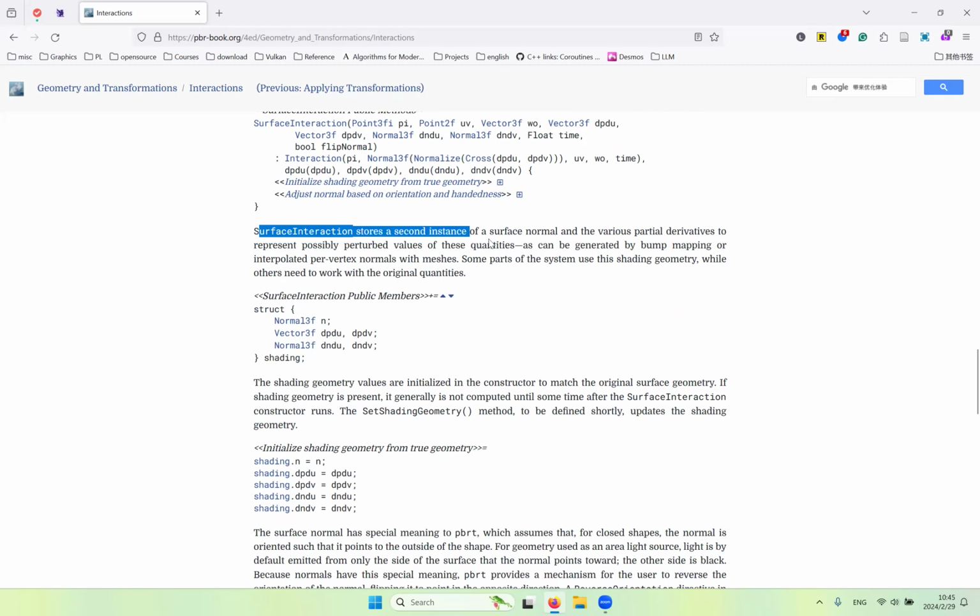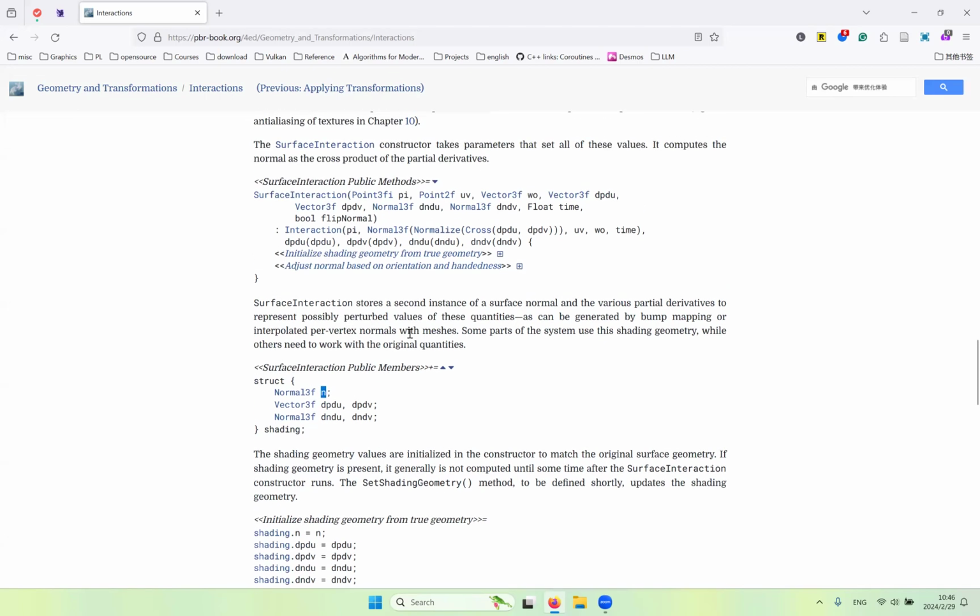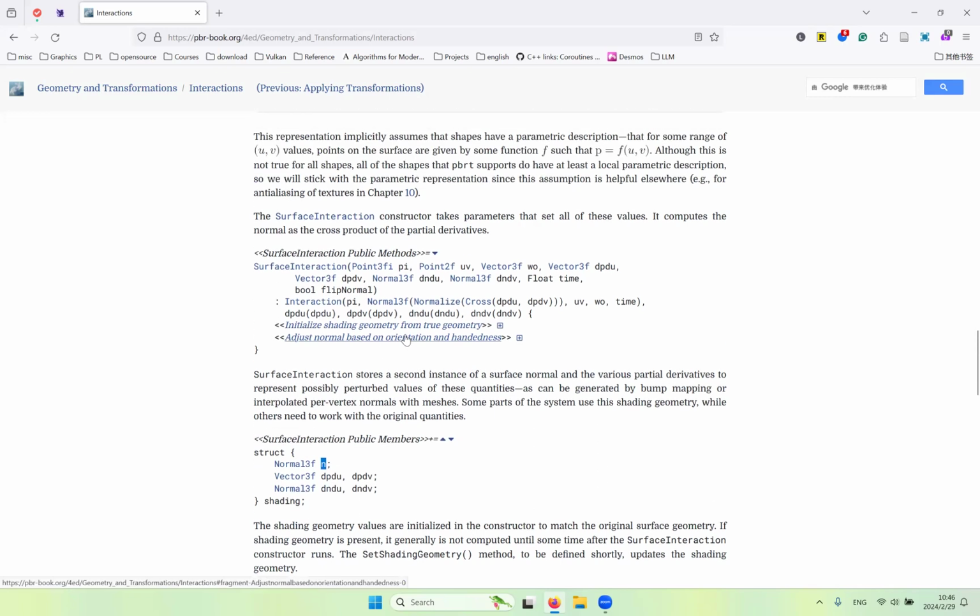So, a second instance of the surface normal, to represent possibly perturbed values of these quantities. Does that mean this surface normal is the real normal, while the previous surface normal is always the normal of the flat geometry?